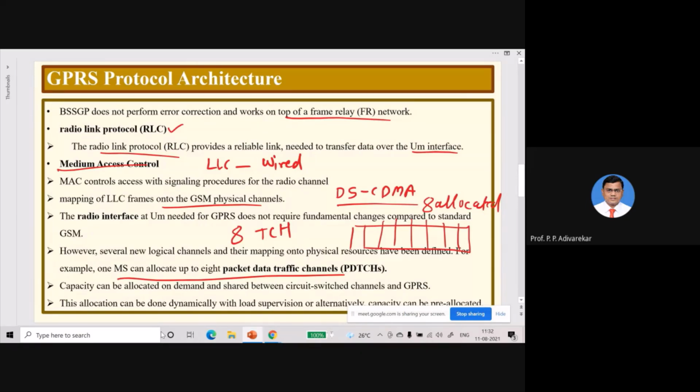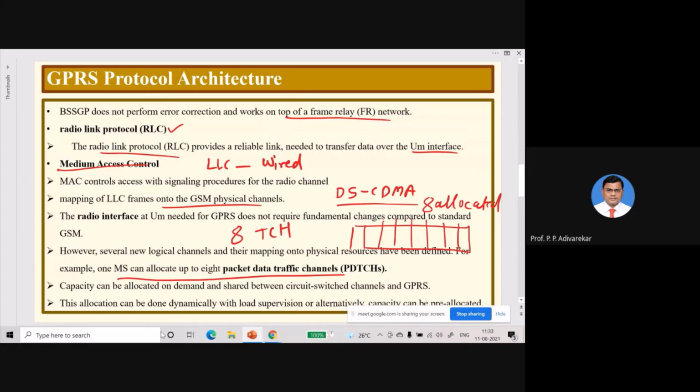Also, the capacity can be allocated on a demand basis. We have seen that one feature of GPRS is the always-on characteristic. That means capacity can be allocated on demand and kept as it is.